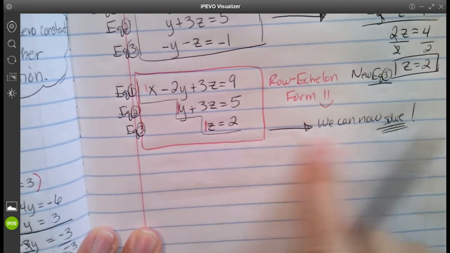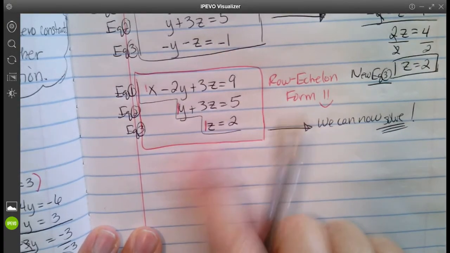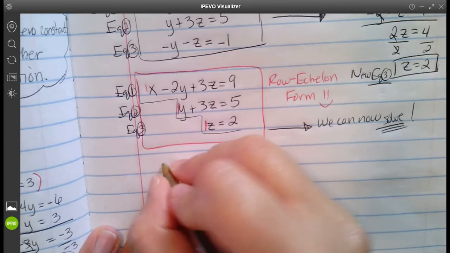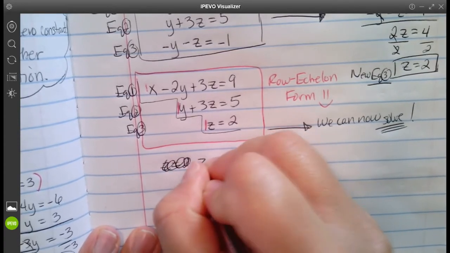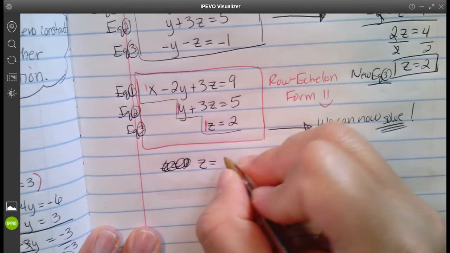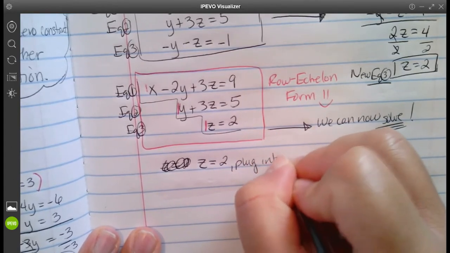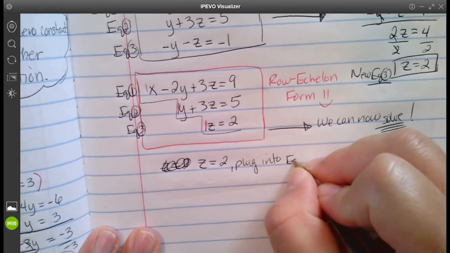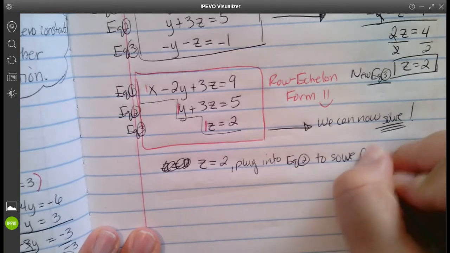To solve, we're going to go ahead and do that back substitution to get the rest of them. If z is equal to 2, sorry, I don't know why I put not equal to. It's all those lines. z is equal to 2. We're going to plug into equation 2 to solve for y.